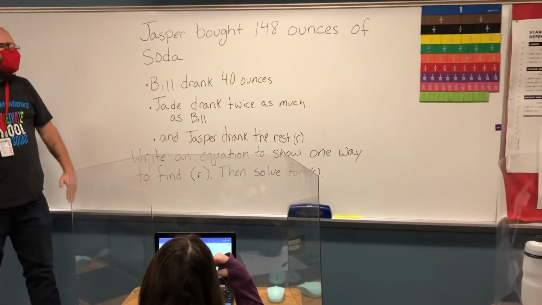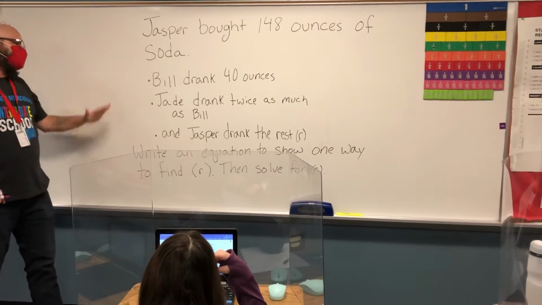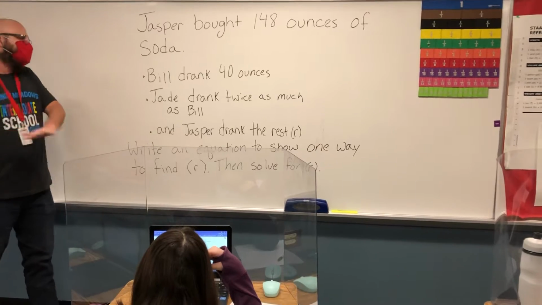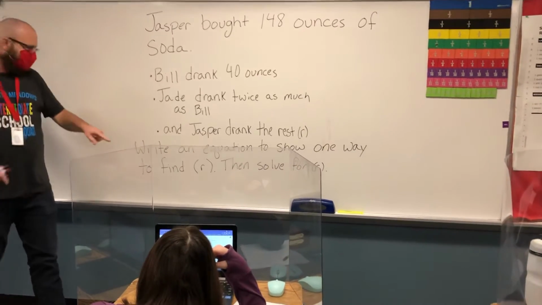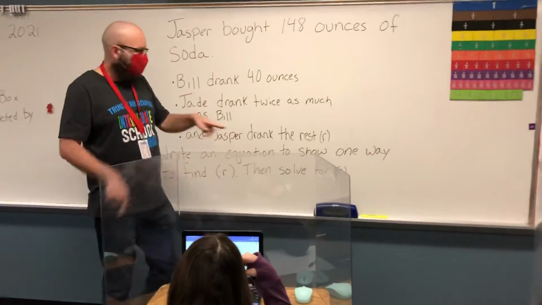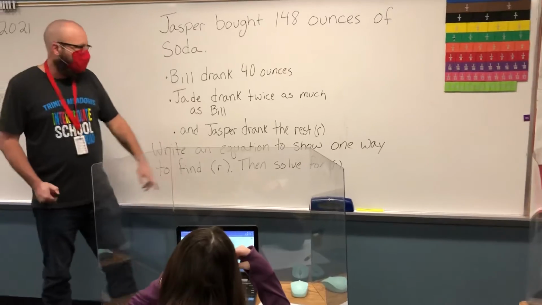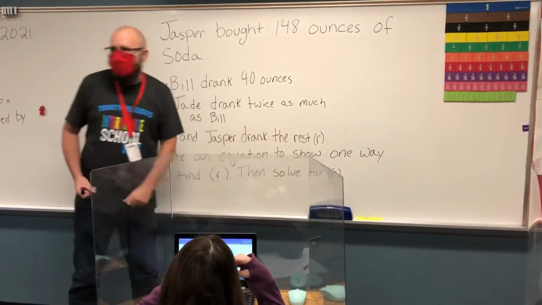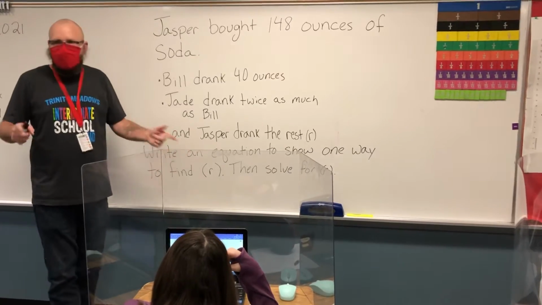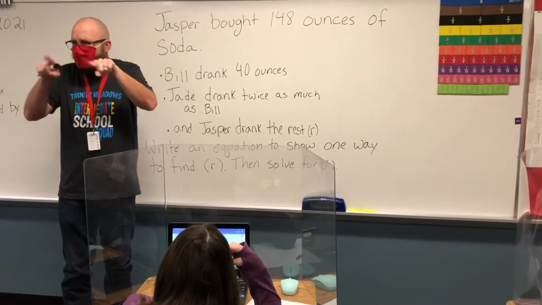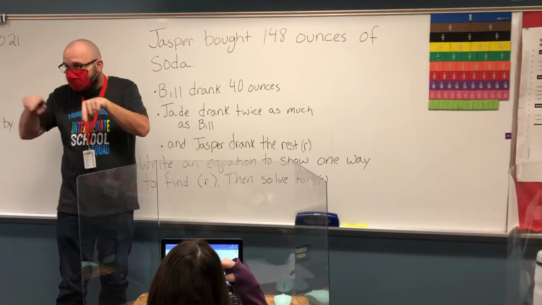Jasper bought 148 ounces of soda. Bill drank 40 ounces. Jay drank twice as much as Bill. And Jasper drank the rest, R. We don't know how much he drank yet, but they put in R as a variable for that. It'd be just like when you started multiplying, they'd put little boxes in there: 3 times box equals 6, and you had to fill in the box.